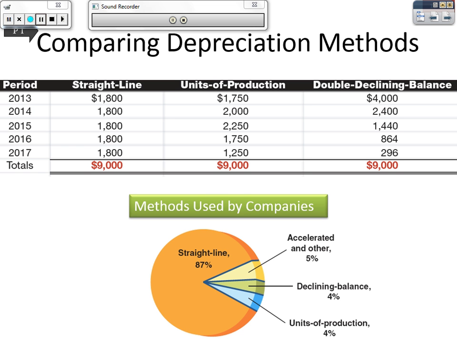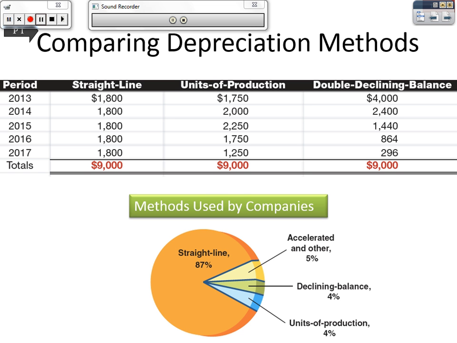So comparing depreciation methods. All those examples we used were all 5 years long, right? Straight line was the same amount every single year, still came out to the same amount of depreciation. Units of production was not the same every year. It started off low, went up, and came back down, right?